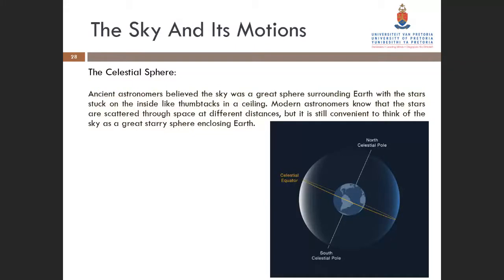So we can start looking at the celestial sphere. Ancient astronomers believed that the sky was a great sphere surrounding Earth, with stars stuck on the inside like thumbtacks in a ceiling. Modern astronomers know that the stars are scattered through space at different distances, but it's still convenient to think of the sky as a great starry sphere enclosing Earth.